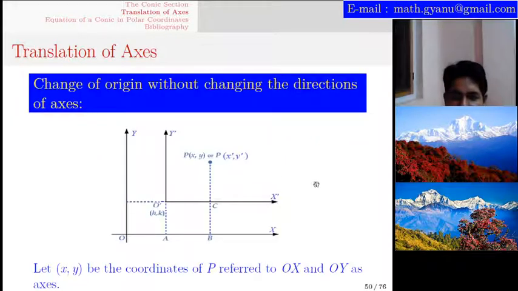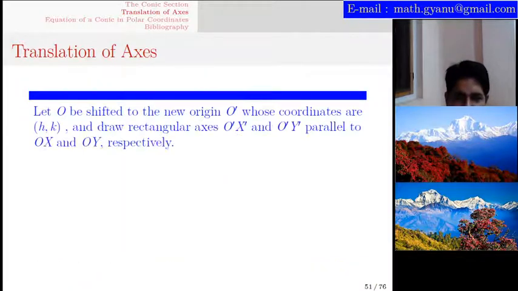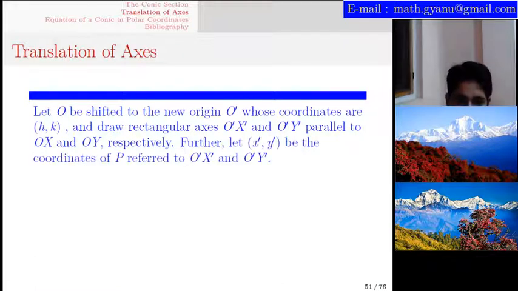You will see on the figure, that is O'x' and O'y'. I suggest you first of all sketch this picture on your copy, then go through the video description. And this is the explanation of the previous figure.